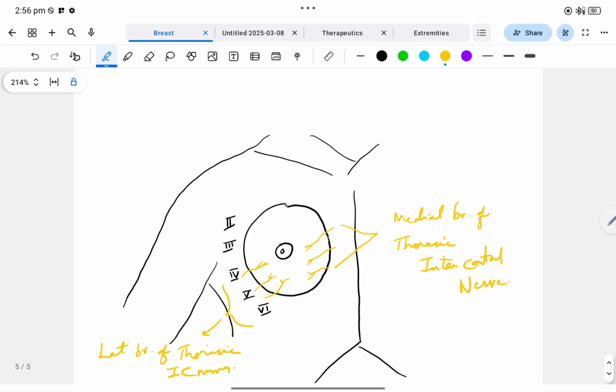From here, supraclavicular nerves. These are supraclavicular nerves.